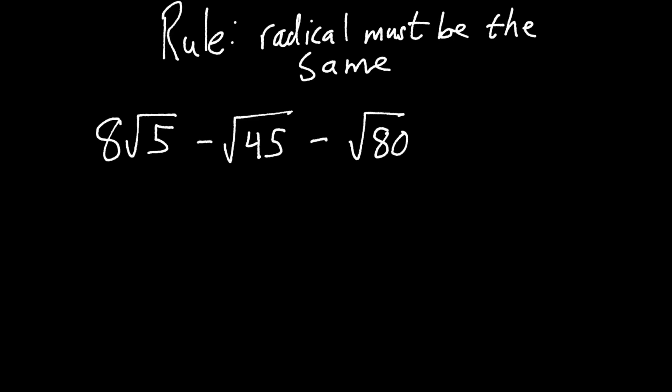Alright, you might be thinking to yourselves, you can't do this. We're going to be breaking our rule because this is a radical with a square root of 5, this has 45 underneath, and this has 80 underneath.